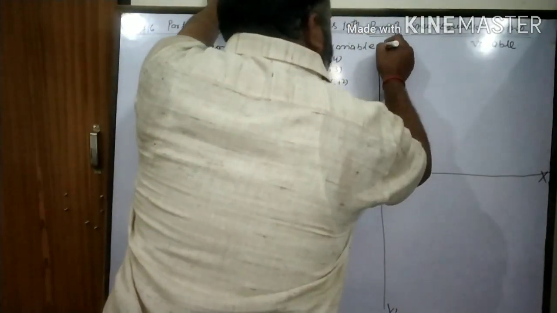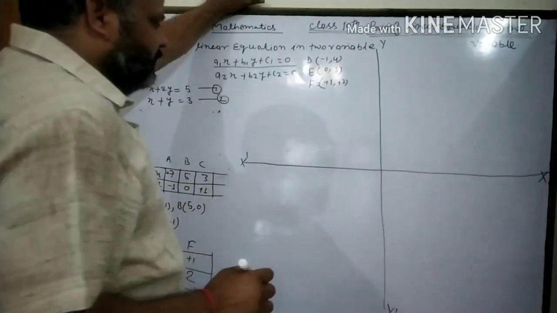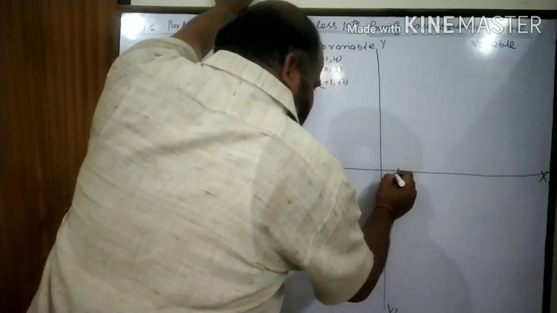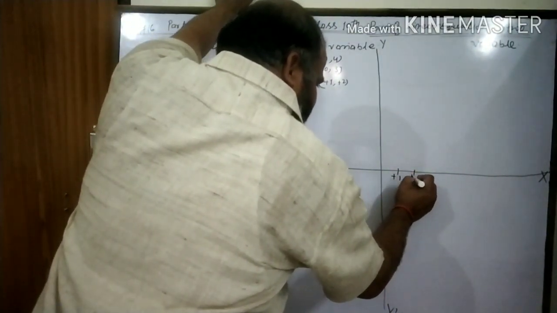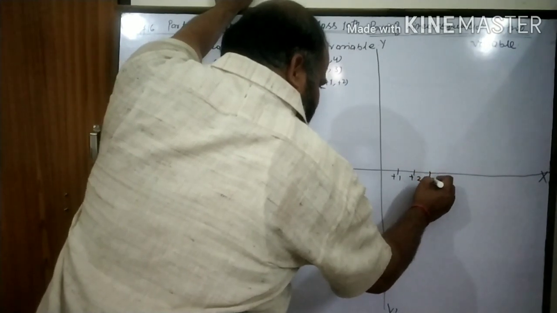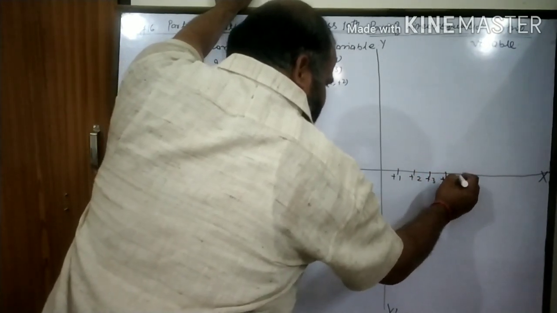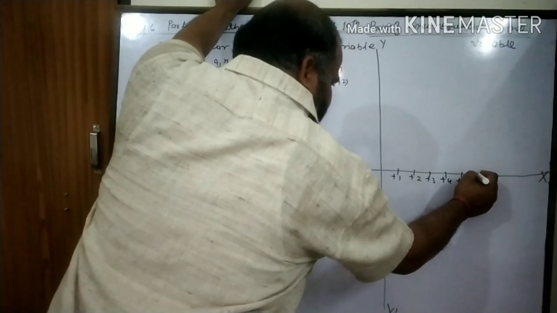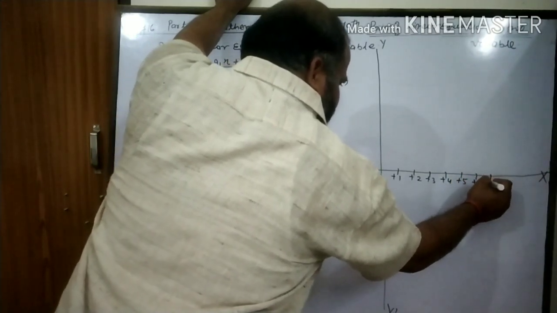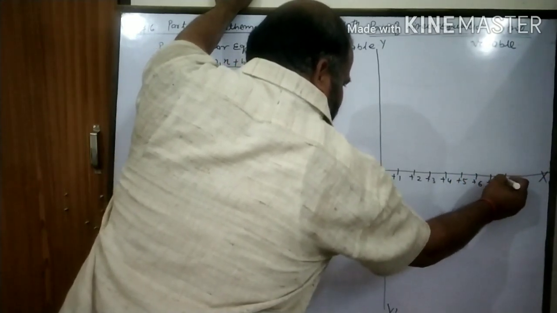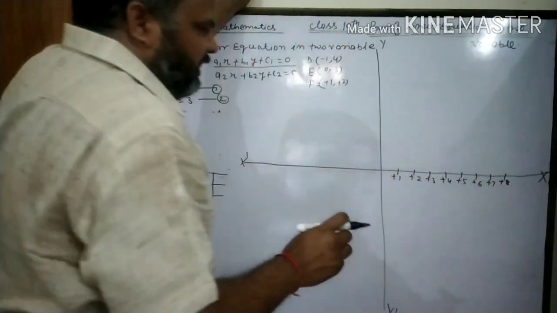Here you know that it is +1, +2, +3, +4, plus 5, plus 6, plus 7, plus 8 at equal distances.